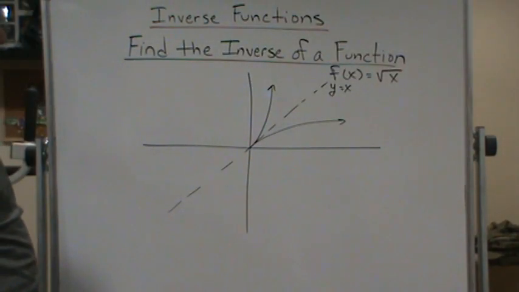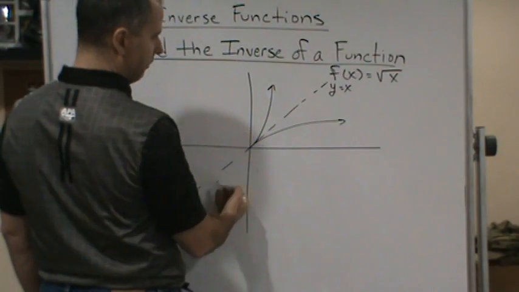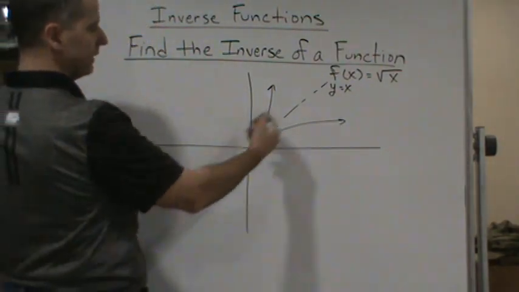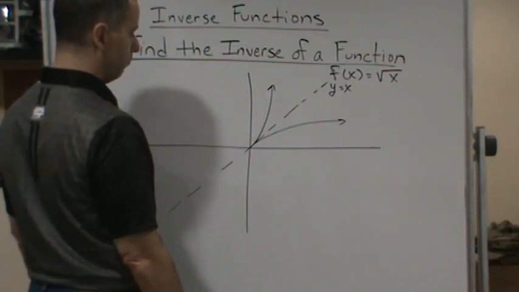So that's one of the properties of inverses. They're always reflections across the y equals x line, the identity line.